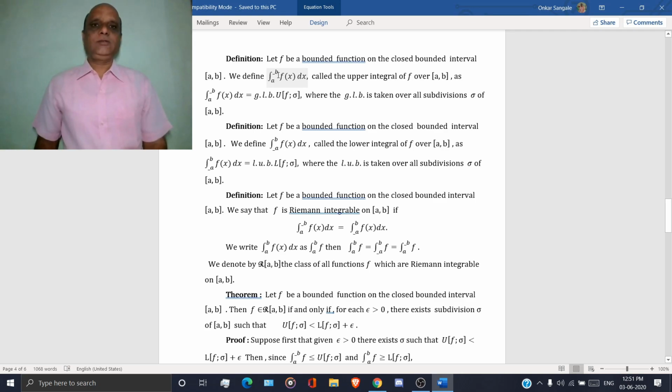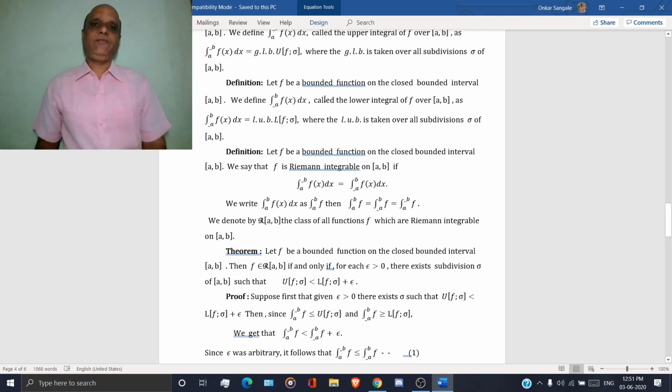There is a bar below, at b, the upper limit, and so it is called the upper integral of f of x dx, and it is defined as: the upper integral a to b of f of x dx is equal to the greatest lower bound of the upper sum for f corresponding to subdivision sigma. This greatest lower bound is taken over all subdivisions sigma of the closed interval AB.